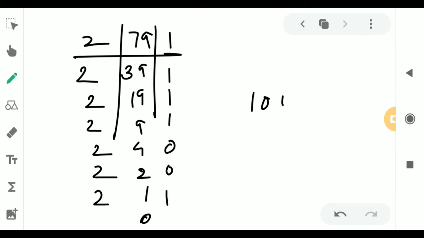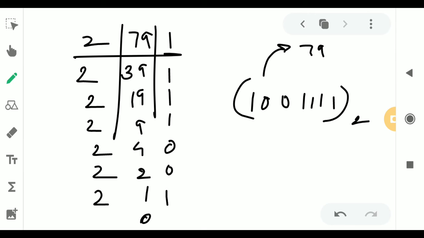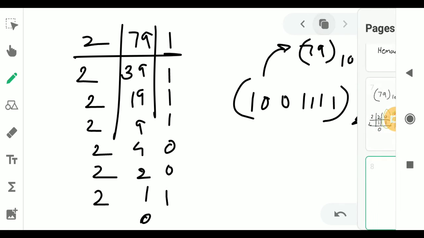So 1, 0, 0, 1, 1, 1, 1. Alright, that is correct. So that means 79 in decimal is represented like this in binary.